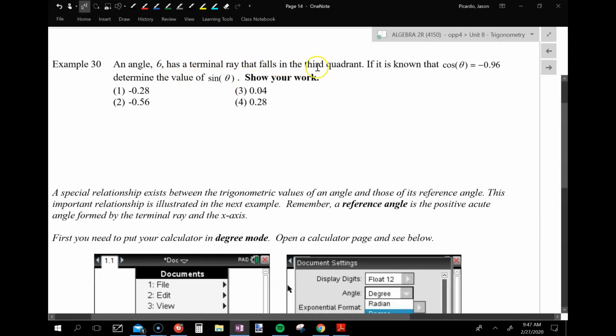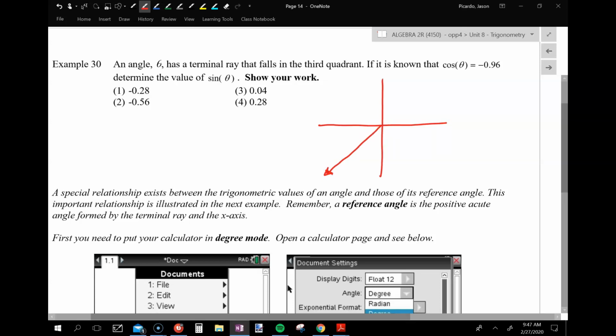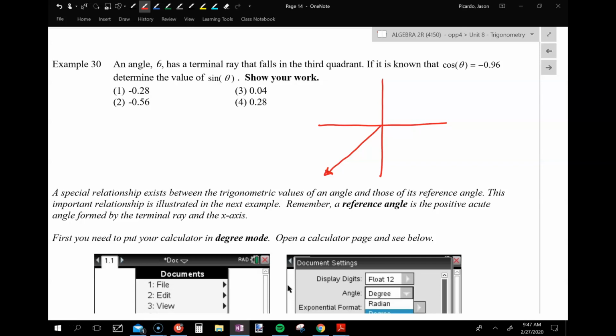An angle has a terminal ray that falls in the 3rd quadrant. It is known that cosine equals -0.96. Guys, when I give you that piece of information, aren't I giving you one of the x or y values?